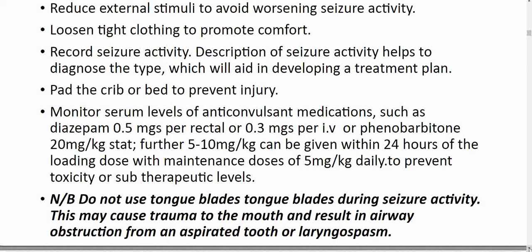You give it 0.5 milligrams per rectal or 0.3 milligrams per intravenous injection. You can also give phenobarbital 20 milligrams per kg to start, then a further 5 to 10 milligrams per kg can be given within 24 hours of the loading dose, with a maintenance dose of 5 milligrams per kg daily to prevent toxicity or subtherapeutic levels.